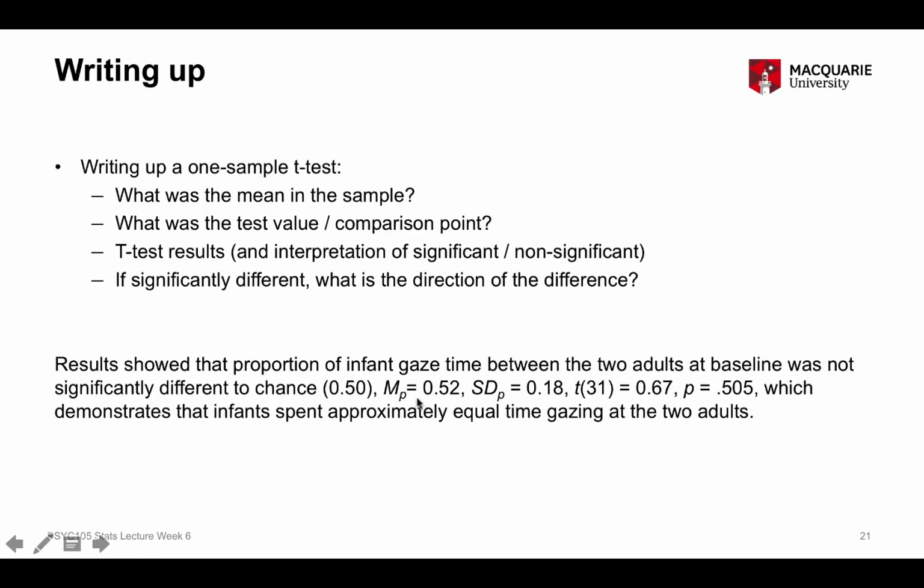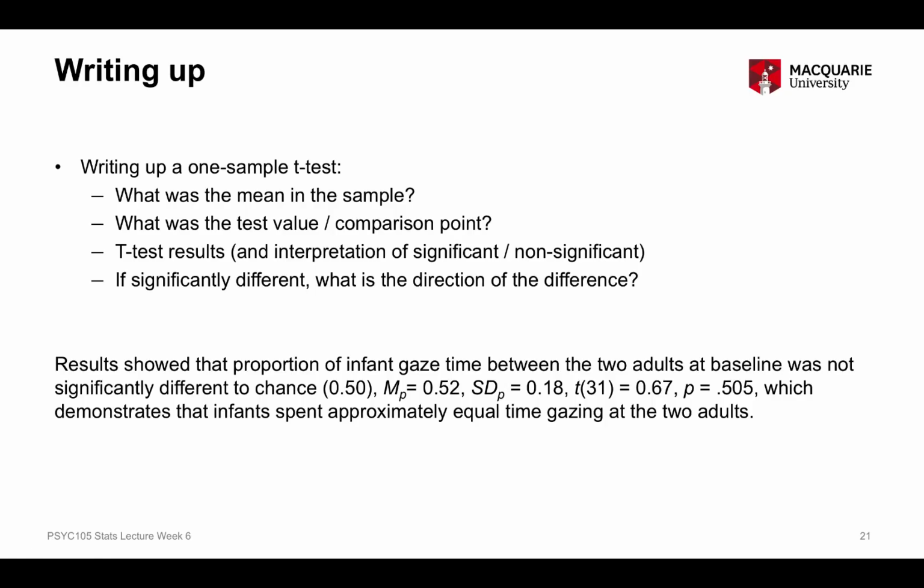We then report the mean score in our sample, which is 0.52, the standard deviation of that mean score in our sample, which is 0.18, the actual t-test results themselves, so t with our degrees of freedom in parentheses equals 0.67, and then our p-value, p equals 0.505. And then I have a concluding statement which interprets these results, which demonstrates that infants spend approximately equal time gazing at the two adults.